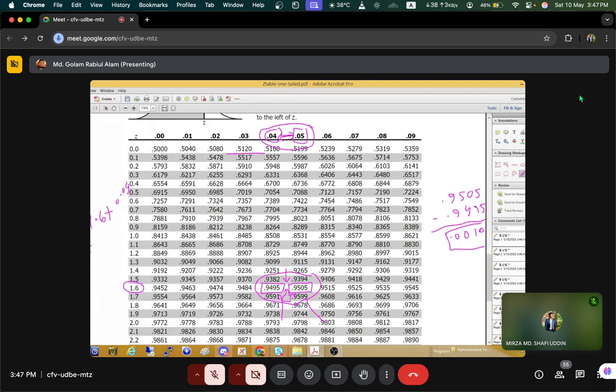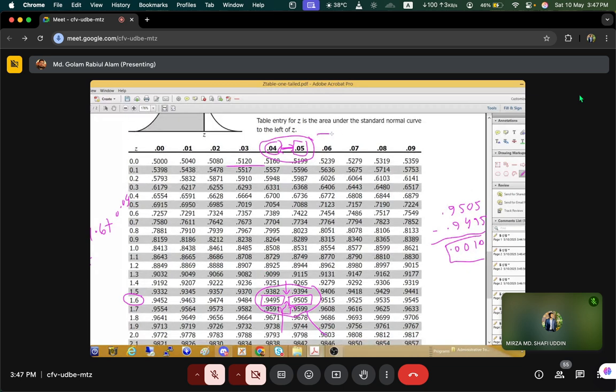This is the difference between these two values. And how about the difference in alpha values? The difference in alpha values is 0.05 minus 0.04, so here the difference is 0.01.